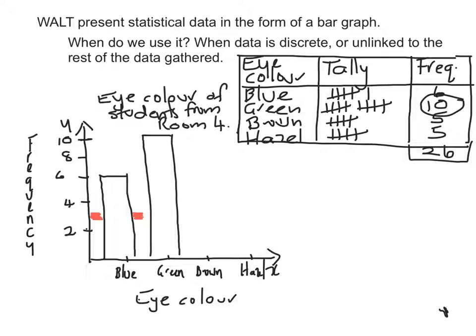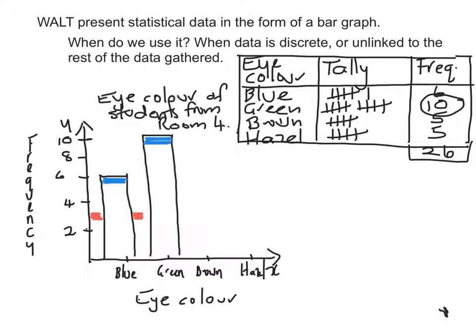Another point to note, the width of the first bar needs to be the same width as the second and all subsequent bars as well. It doesn't have to be the same size as the space between the bars, as long as the spaces between the bars remain the same as each other.